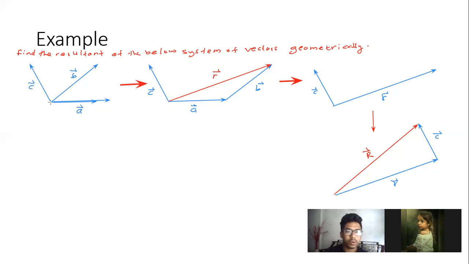So let me draw A. Let's make it quick. So let's take the vector A here, and then the B vector. A here and B here, and C will be here.